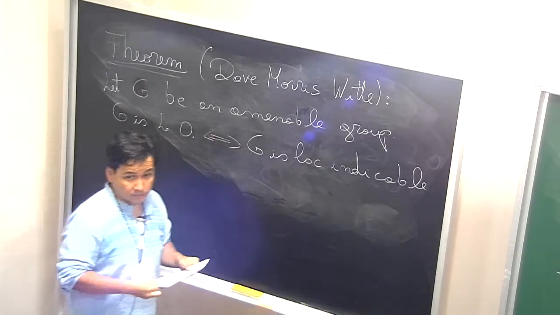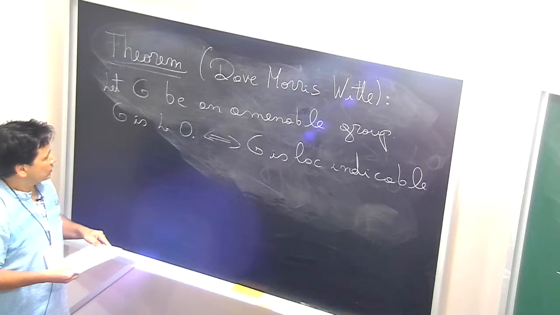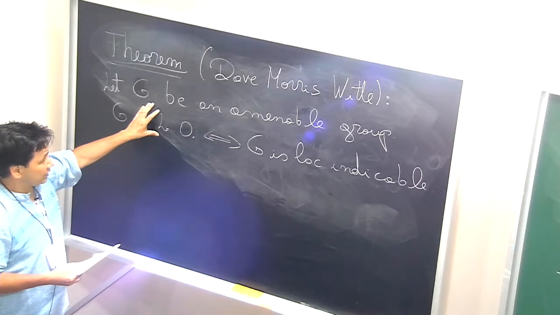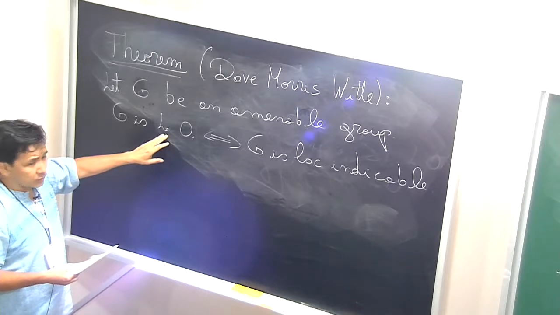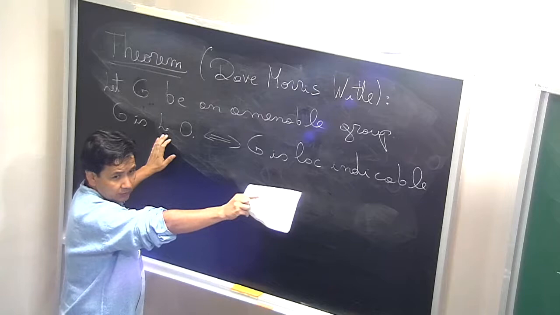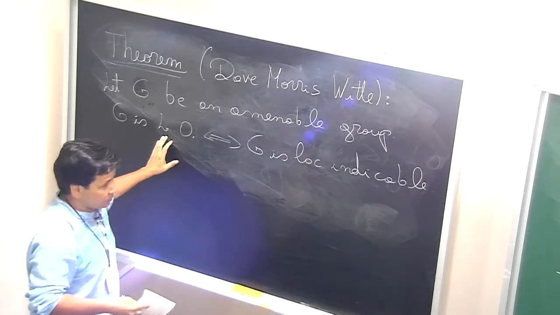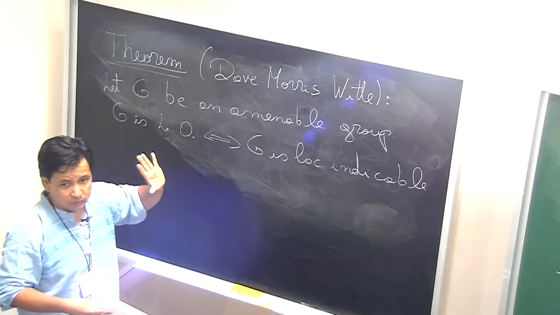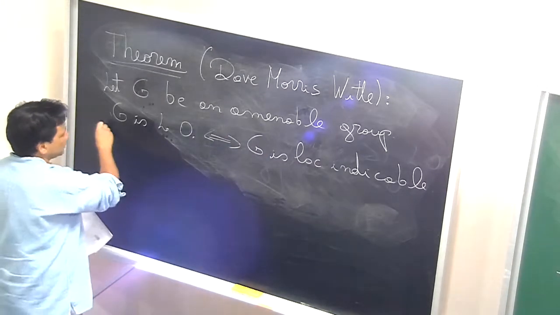Okay? The content of this theorem is that if you are able to order your group, then you are able to order in a way which is Conradian, and because of this theorem of Conrad and Brodsky, you are able to produce many homomorphisms into the reals. Okay? So I will give the proof of this, I think, tomorrow.